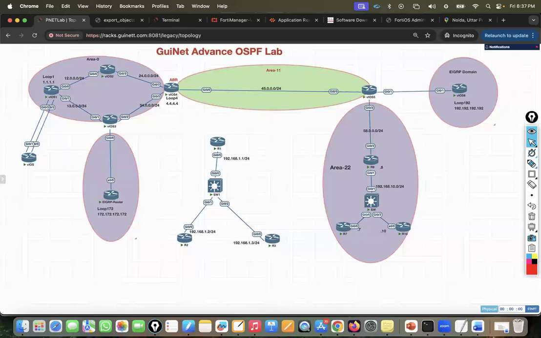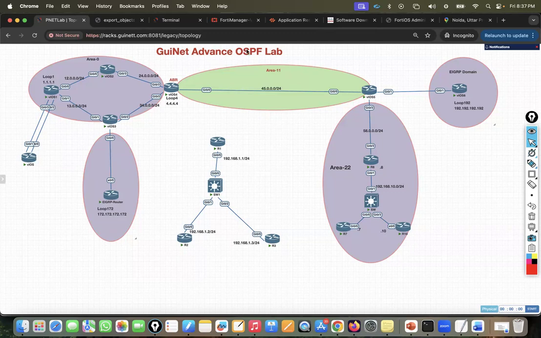RIP was designed for small networks, but OSPF is designed for much bigger networks. In RIP we don't have the entire topology information in one go, but in OSPF we have everything.